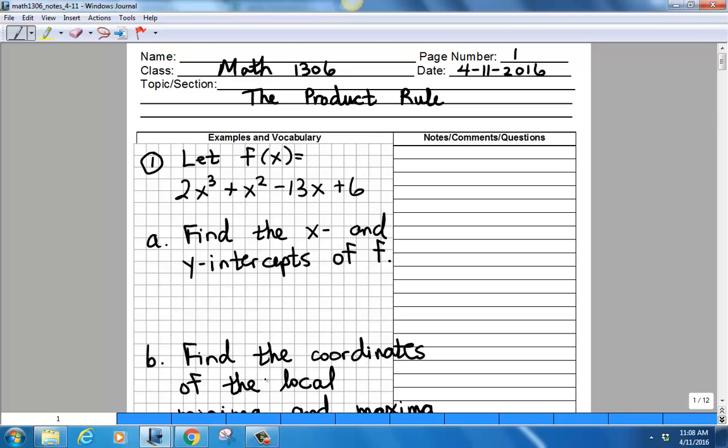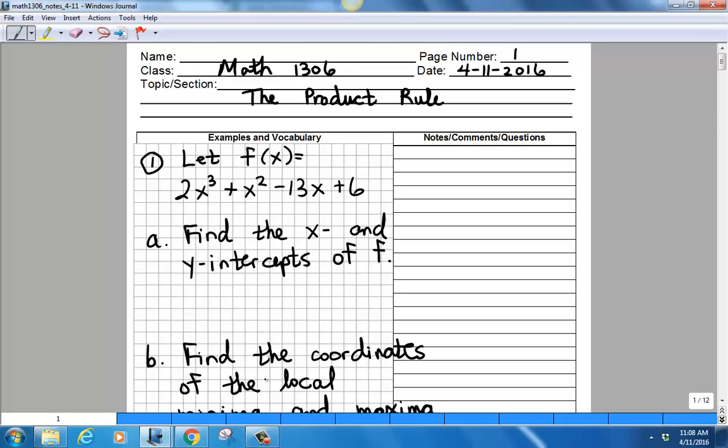I'm going to give you a problem where I want you to find the maxima and the minima of this formula, but we don't know what that formula is used for. So I don't know if that's a profit function or a cost function or a revenue function. I'm just given this formula, 2x cubed plus x squared minus 13x plus 6. And let's see what we can discover about that particular function.